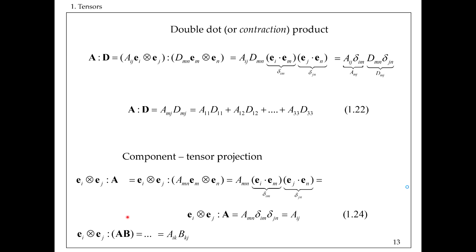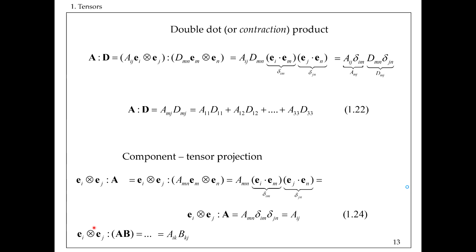In our previous case it was new tensor F, and if you do this exercise properly, you should end up with the components of that new tensor being A_IK B_KJ, where the free indexes I and J correspond to these projections, and K, K are dummy indexes. You can practice these two examples together, from the previous consideration of multiplication of the two second order tensors and calculating their components by projecting them onto your dyadic basis.